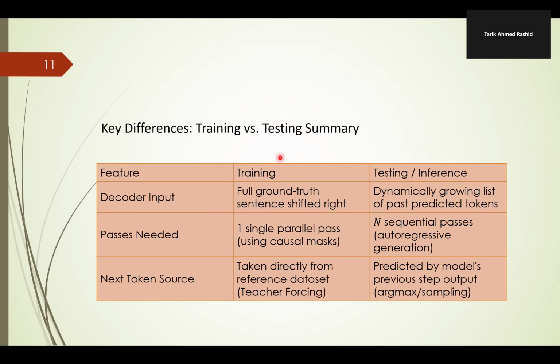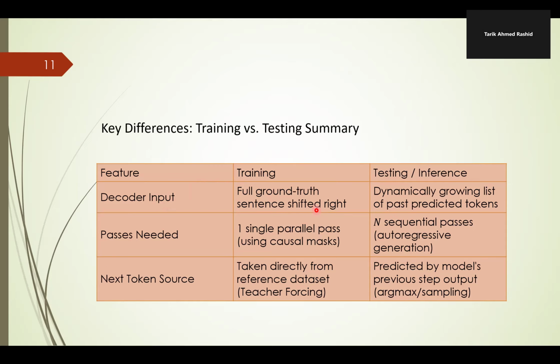So that's basically what happened in training and testing. But we will try to talk in detail about each token in the training and each token in the testing. The decoder's input is the full ground truth sentence shifted right.